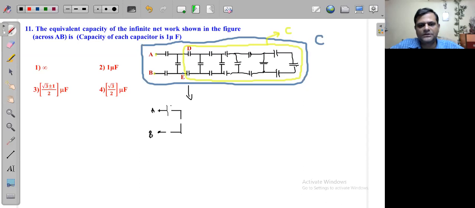This is a capacitor of 1 microfarad. Here it is 1 microfarad, and here also it is a 1 microfarad capacitor. Okay, all these are kept as it is, but here from this point onwards, the point D is there, right? So here we can just consider this as a point D here, and this will be the point E here.